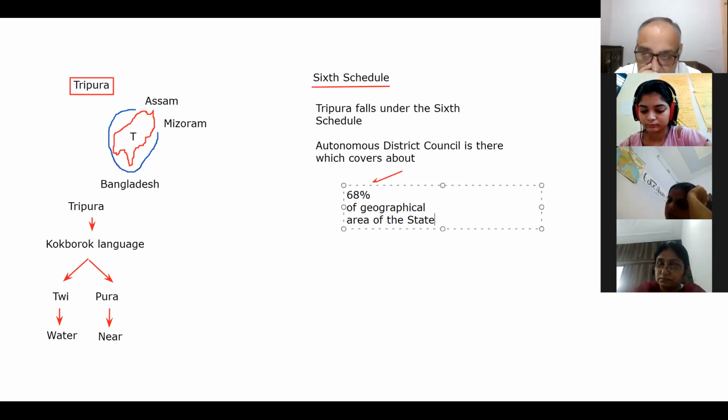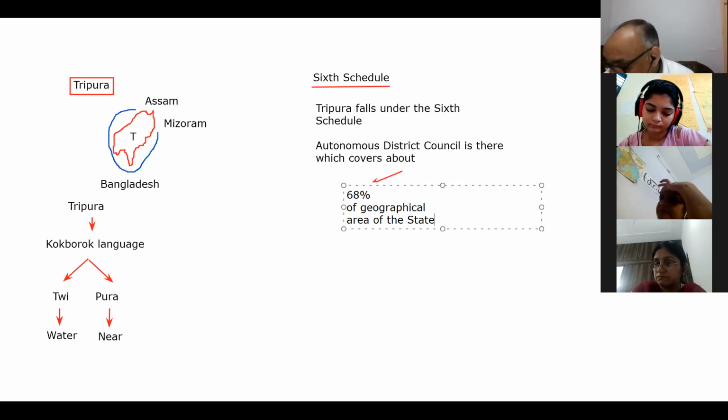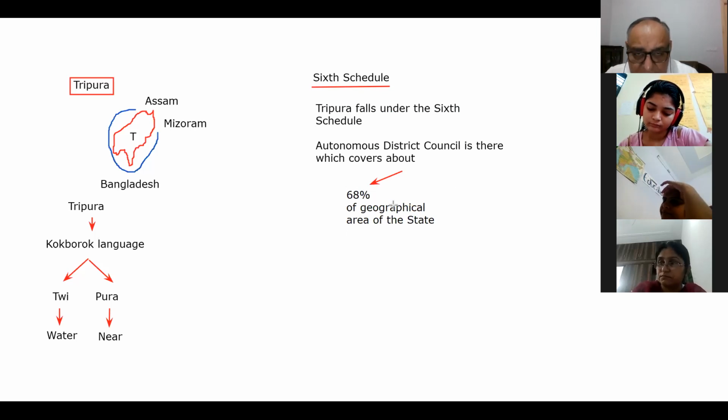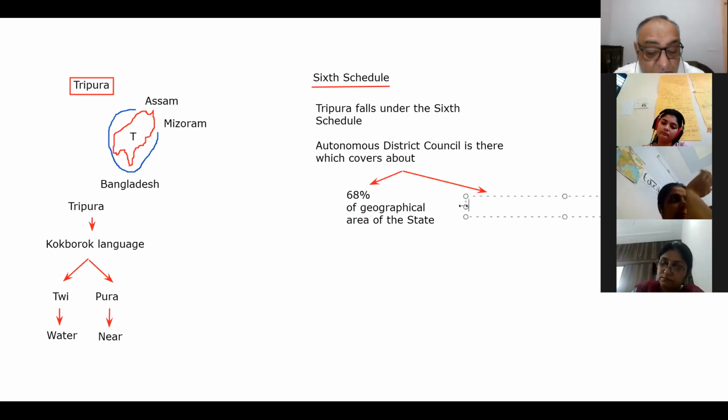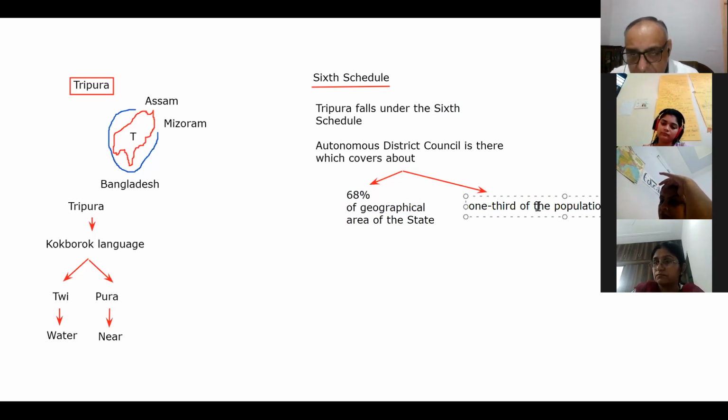And it covers approximately one-third of the population of the state. So one-third of the population of the state is covered by this.